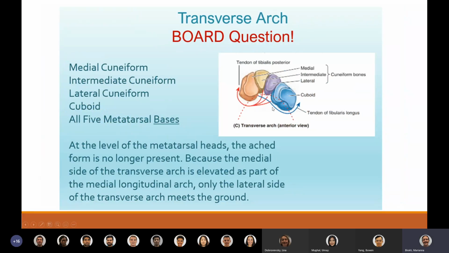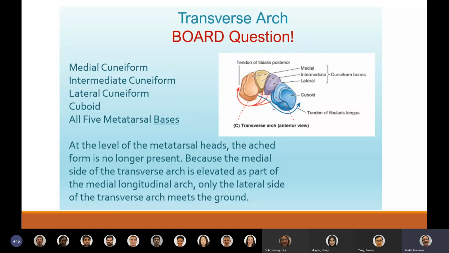Now, the transverse arch. The transverse arch is another board question. What are the components that make up the transverse arch? Think about it, it's in that midfoot region, correct? The highest peak of your foot, for a normal, non-collapsed, not pes planus foot, you would see the arch peaking where? It's the transverse component of the midfoot at the highest peak.